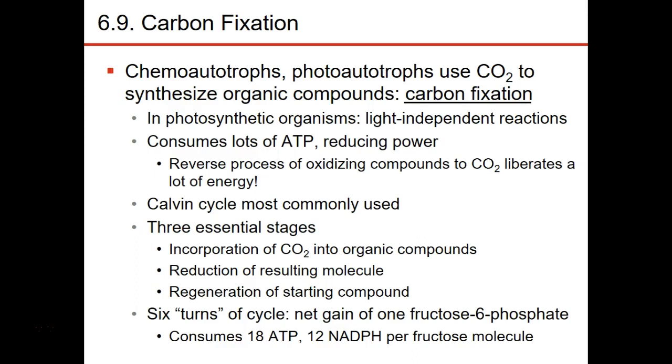With the Calvin cycle, we're going to take in carbon dioxide and bind it to another molecule called RuBP. And then we're going to reduce it to produce our carbohydrate, okay?